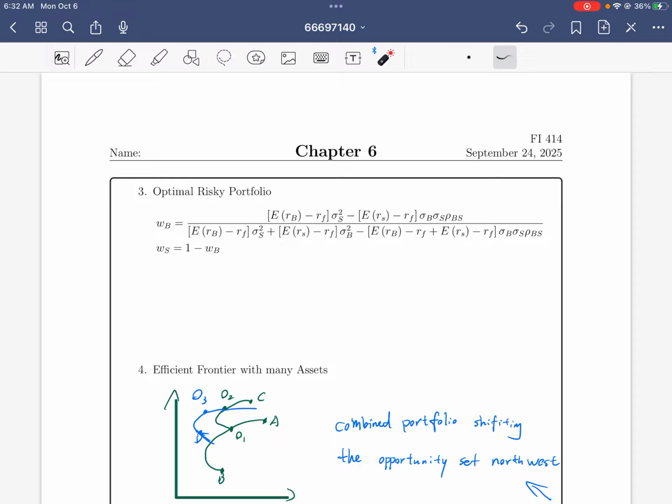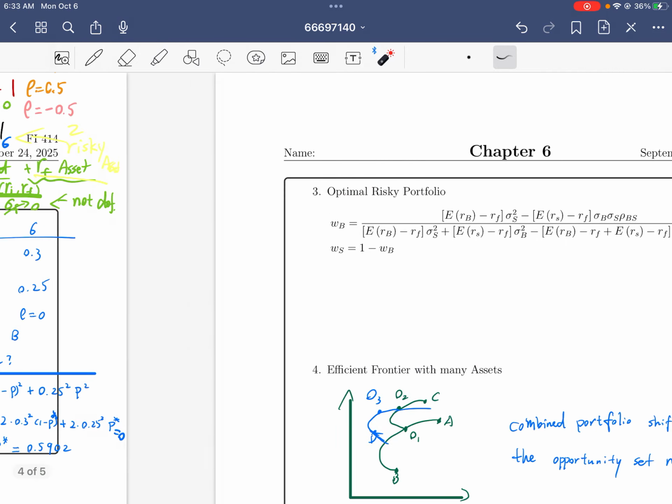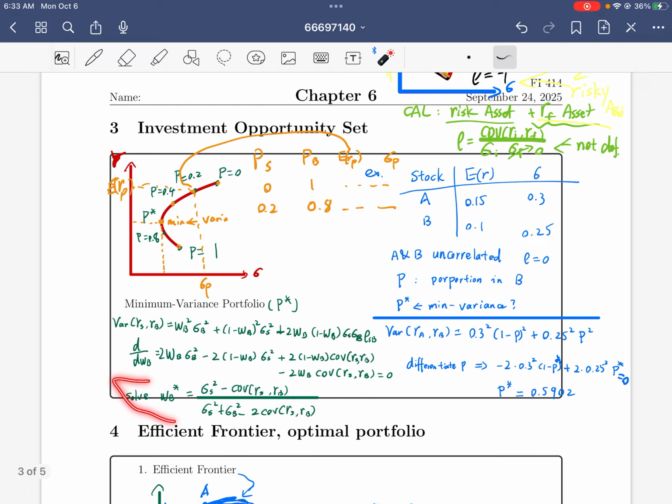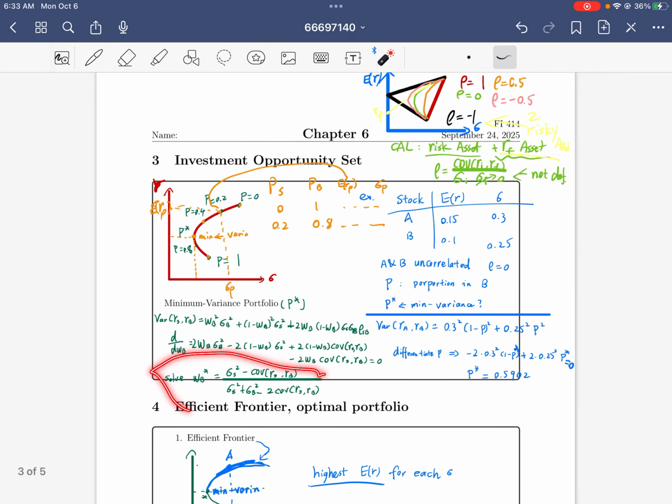You don't need to include this in your formula sheet, and I won't let you calculate this because it looks super time consuming to do. Even for the minimal variance portfolio, I won't let you calculate this complicated equation.